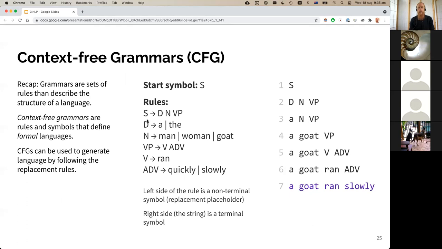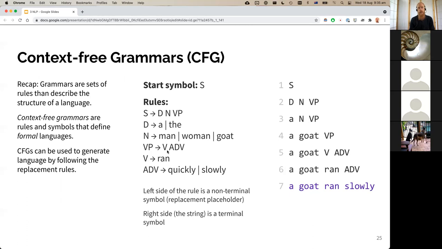So these could be anything. The D is here being used for determiners, so grammatical terms like A, and the N is being used here to denote some nouns. VP is a verb phrase.